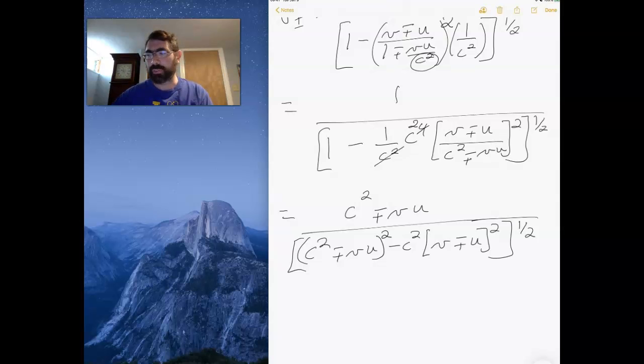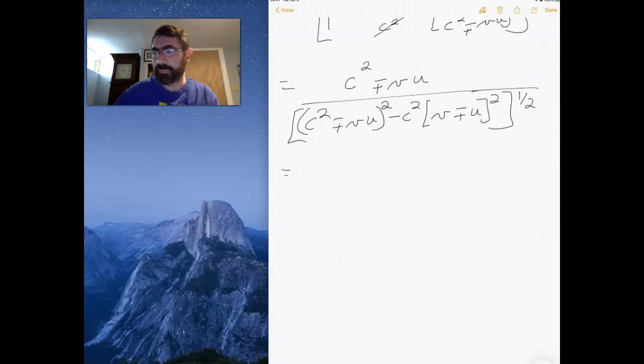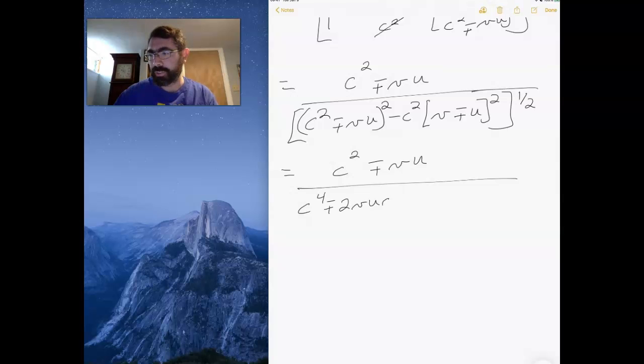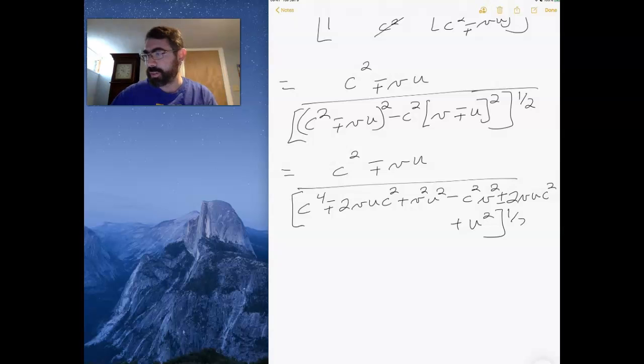Okay, so let's multiply out those quadratics. We would get c squared ∓ vu over c to the fourth, minus 2vu c squared plus v squared u squared, minus c squared times v squared plus or minus 2vu c squared plus u squared, and then all of that to the square root.